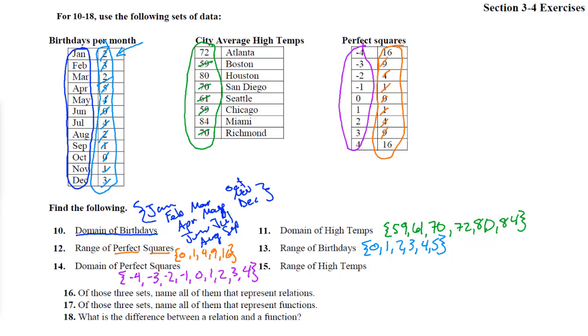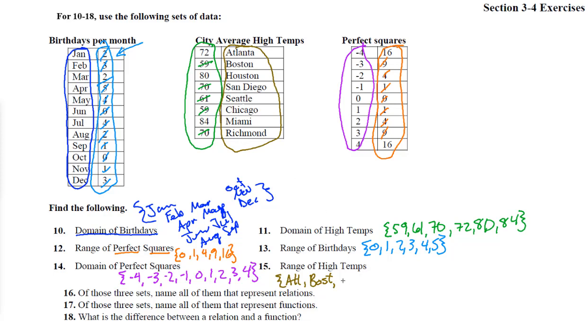All right, the range of high temperatures. So here's the high temperatures, and here's the range right here. And so that's, I'll do a little bit of abbreviation. Atlanta, Boston. So Atlanta, they don't ever double up, do they?